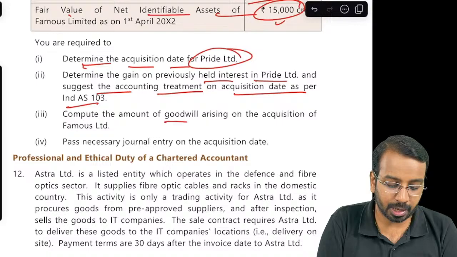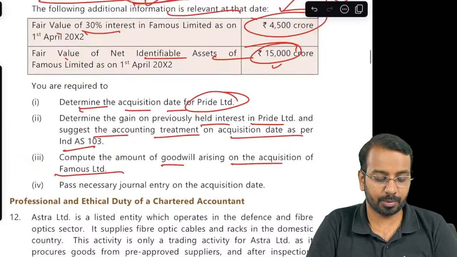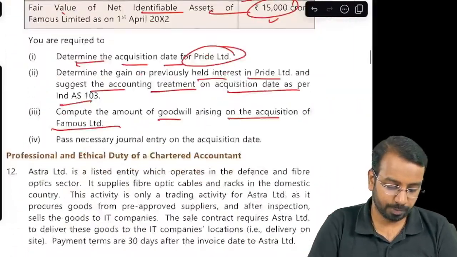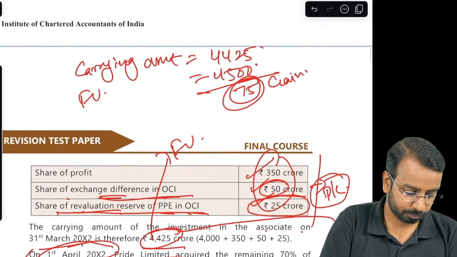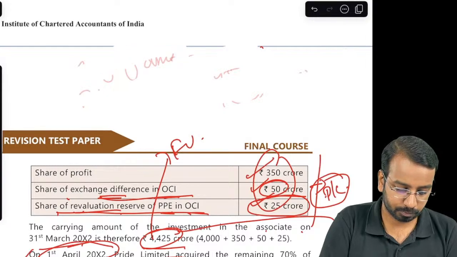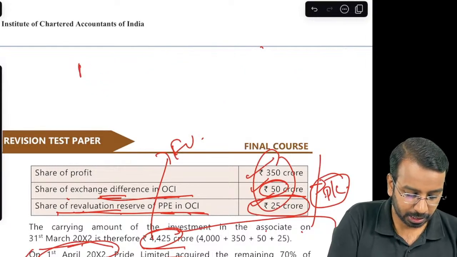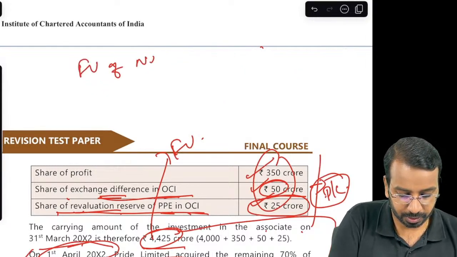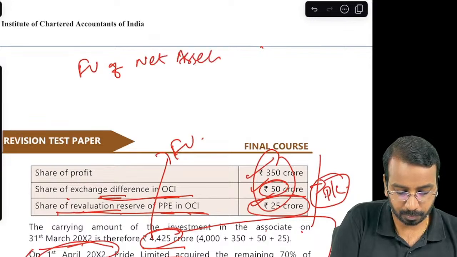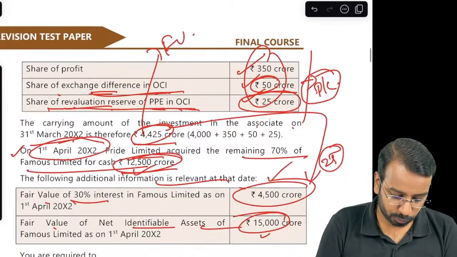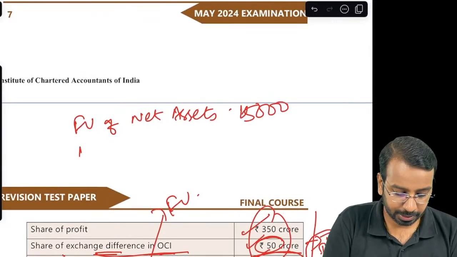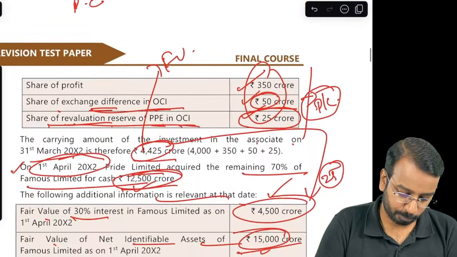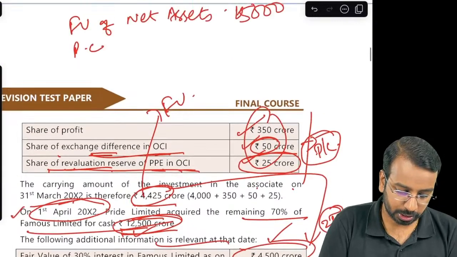Then compute the amount of goodwill arising on acquisition of Famous Limited. Now what is the goodwill value? If you see, fair value of net assets is mentioned to be 15,000 crores. Purchase consideration paid is 12,500 crores.